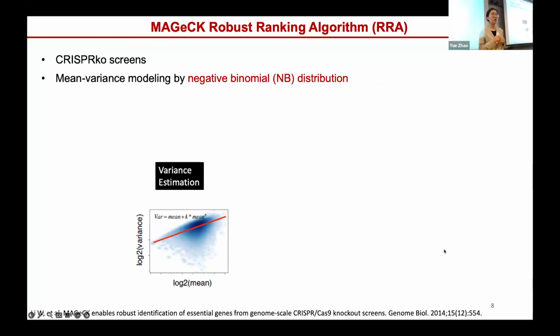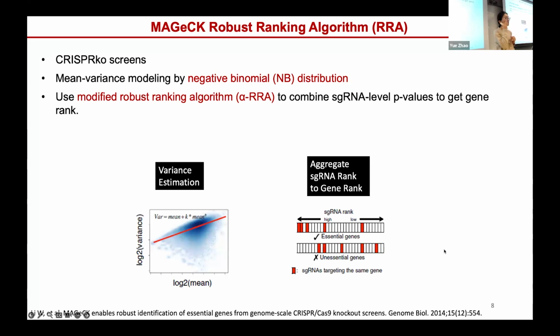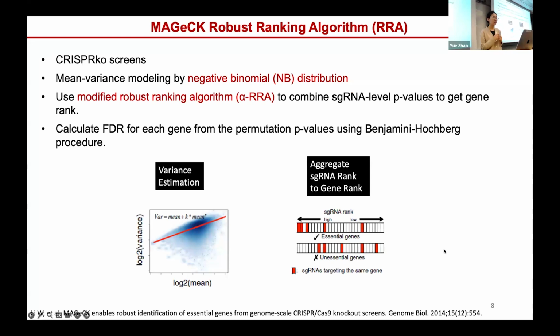This is very commonly used for sequencing reads. And then they use a modified robust ranking algorithm to combine the guide RNA level p-values to get the gene level p-value or the gene rank. Finally, they calculate the FDR for each gene from the permutation p-values using the Benjamini-Hochberg procedure.